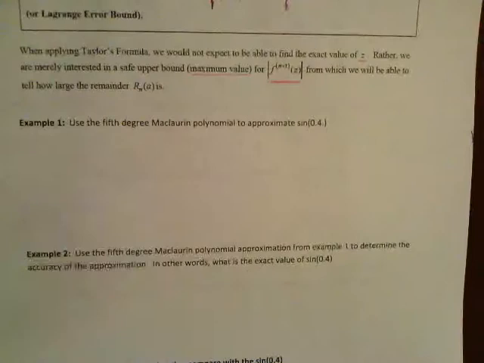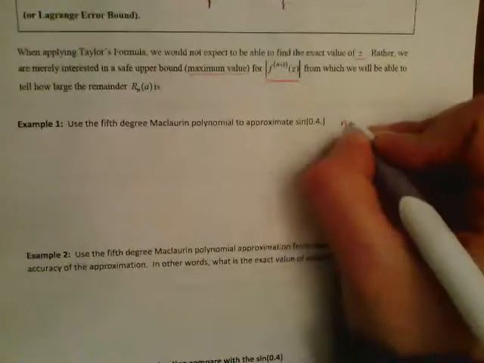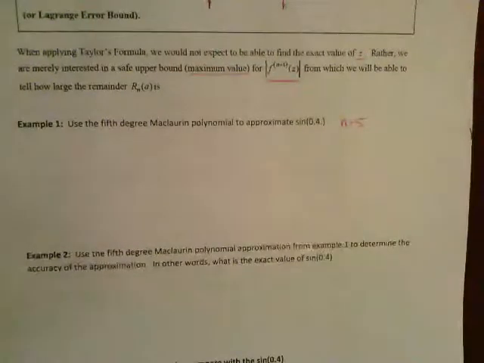So let's start. Let's use the fifth degree Maclaurin polynomial to approximate the sine of 0.4. So fifth degree Maclaurin polynomial means we want to go all the way to n equals 5.